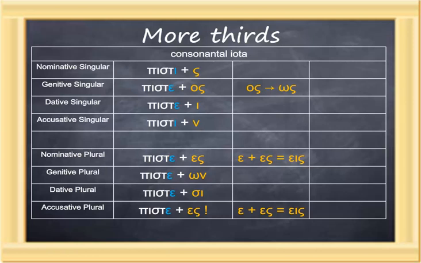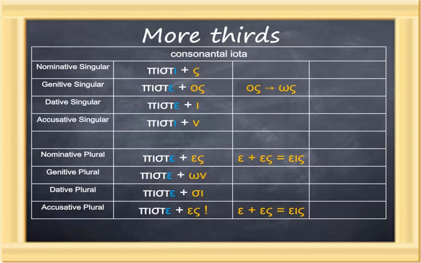For example, in the genitive singular, to make up for the epsilon preceding it, the omicron of the ending os lengthens to omega. This is ablauting.